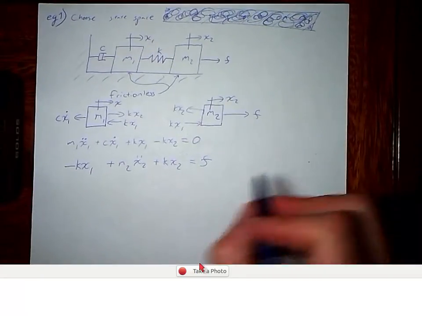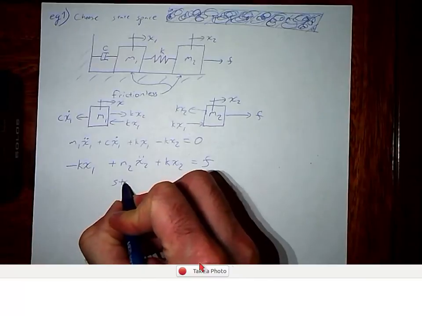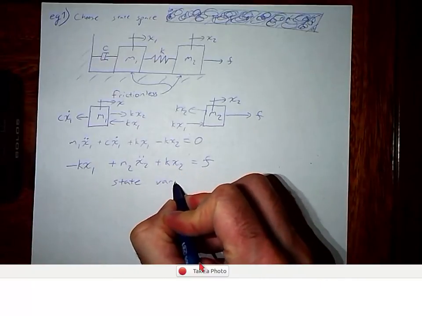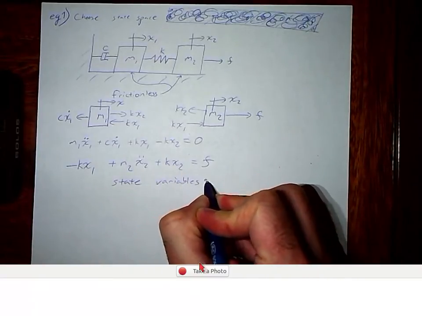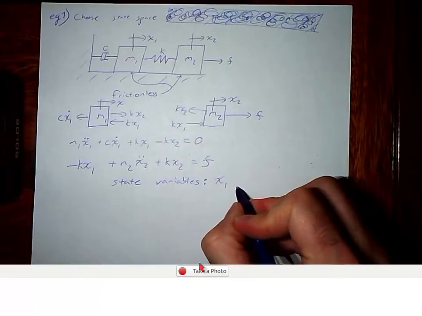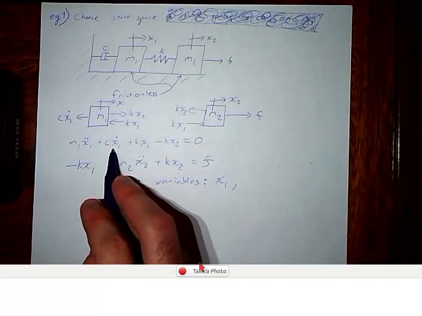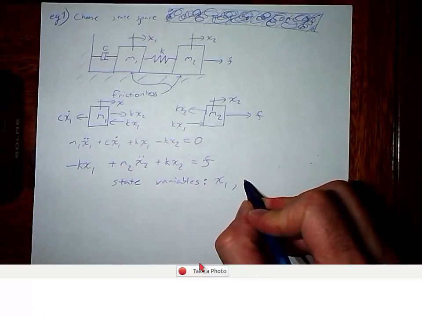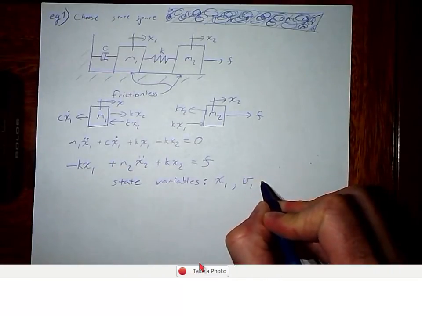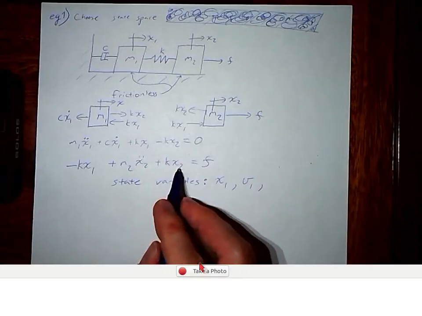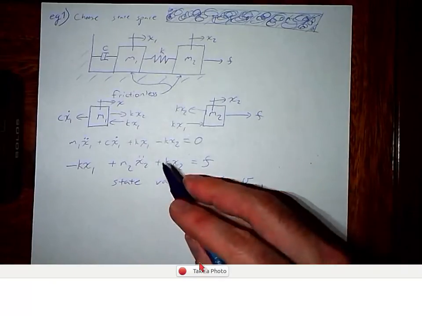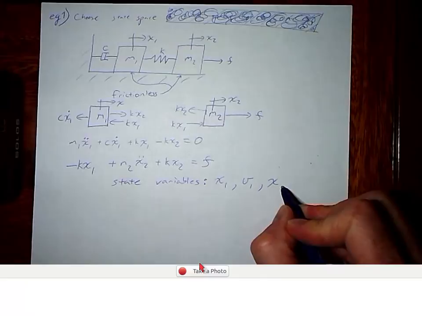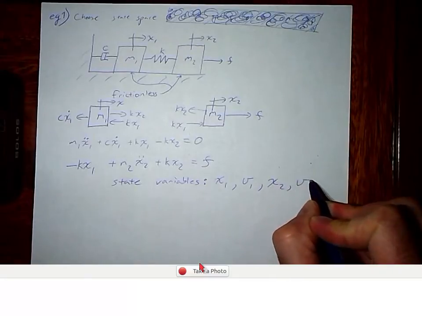So we have state variables x1, because we have a time derivative of x1, and we also have a time derivative of x1 dot, so we'll call that v1, and x2 has a time derivative, x2 and v2.